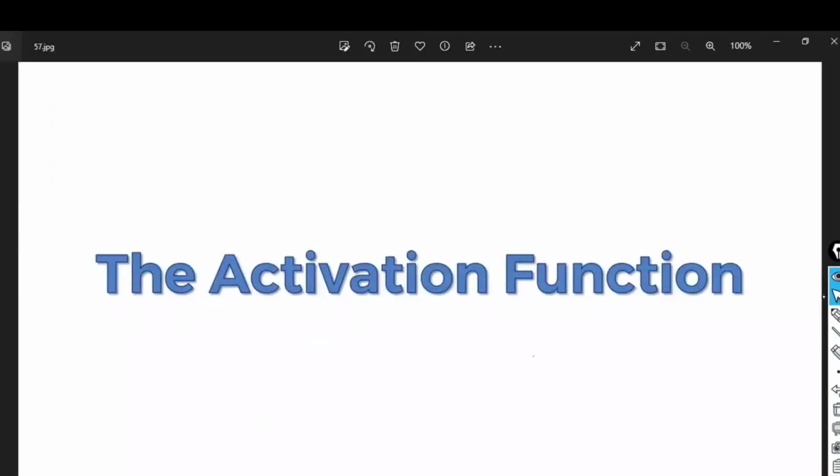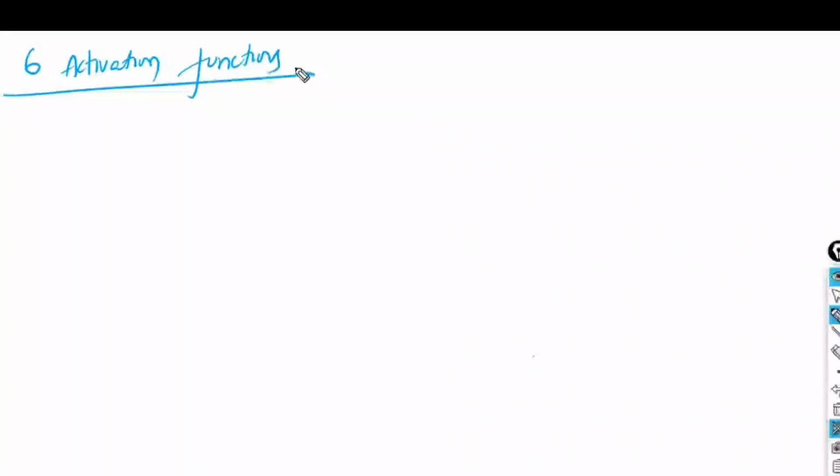We have 6 activation functions in total. The first one is called the step function.